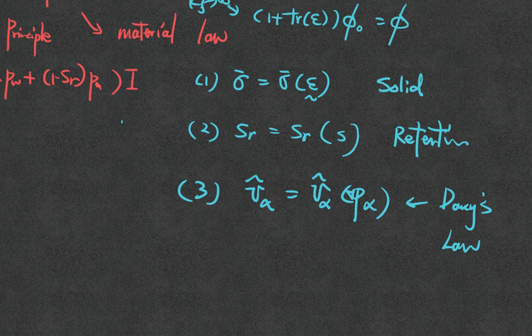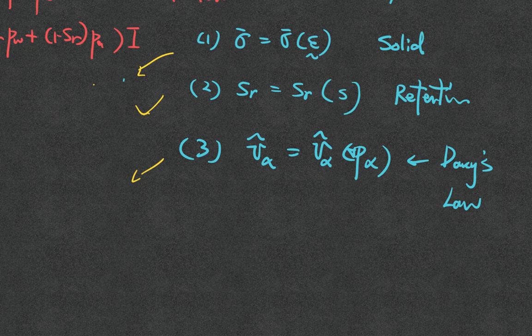Now, the important thing about this is that these all need to be put into the formulation. So eventually, all the mathematical equations can only be functions of displacement, air pressure, and water pressure. Okay, does that make sense? And one thing that is also important is the following.